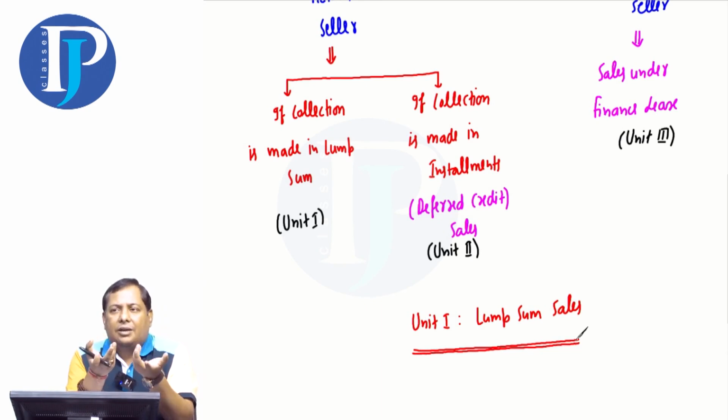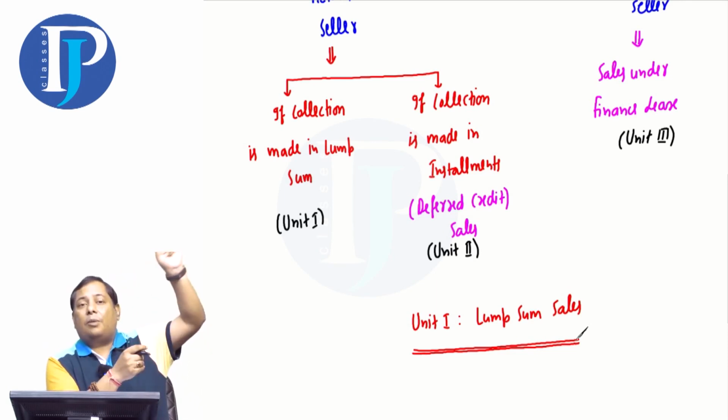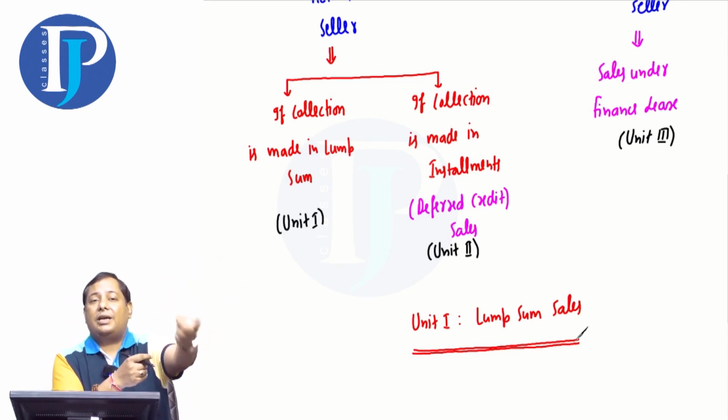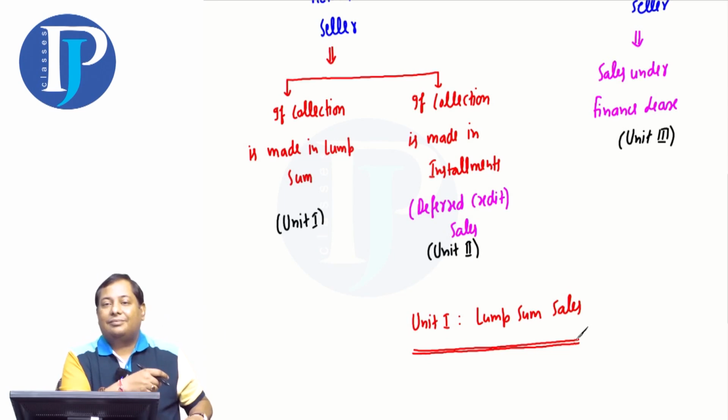When all the money is received at once, what will the time value of money do? You simply have to pass an entry, bank account debit to investment property. When we purchased the property, the entry was passed as investment property to cash. And today we are reversing it, cash to property.